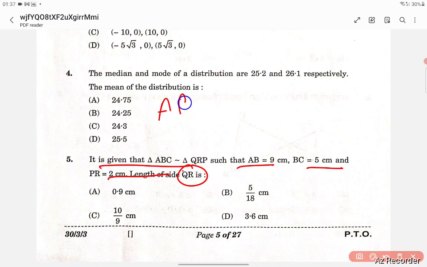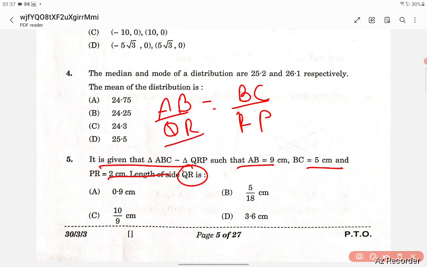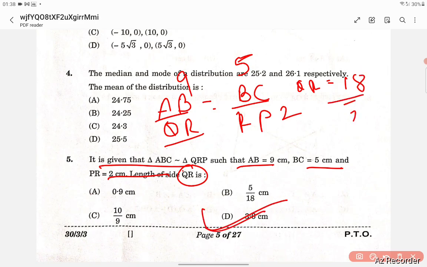So AB upon QR is equal to BC upon RP. AB is given as 9, BC is given as 5, and RP is given as 2, and so QR is equal to 18 by 5, which is 3.6 centimeters.